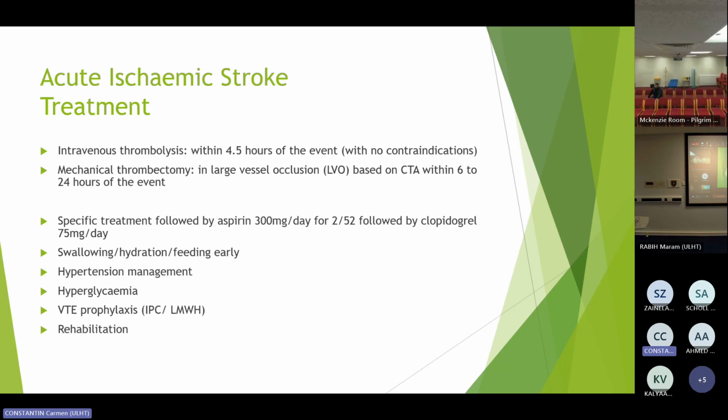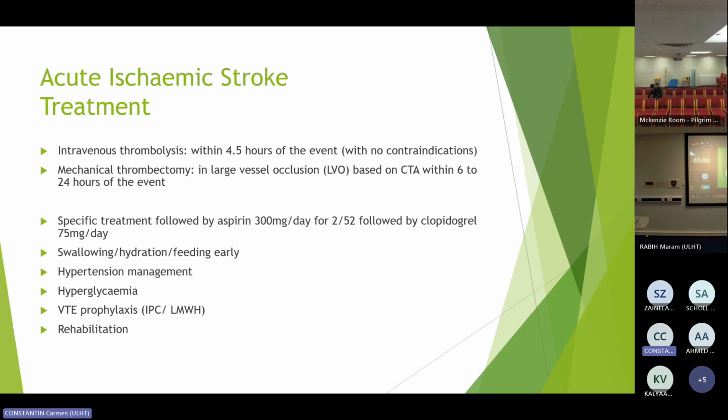What evidence we have is that patients who are thrombolysed and have mechanical thrombectomy, when indicated, have a better outcome than with thrombolysis alone, for example. So the specific treatment based on the new guideline is aspirin, 300 milligrams a day, standard for 2 weeks, followed by clopidogrel.